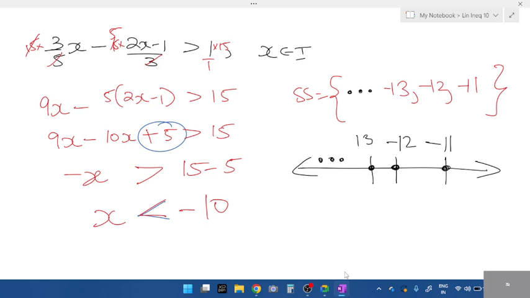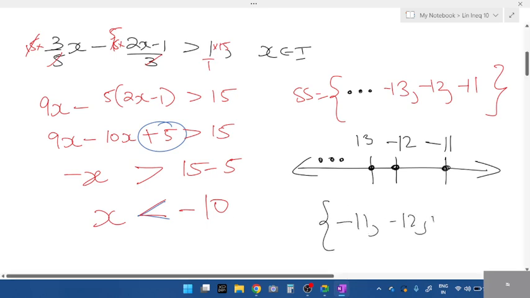See, some textbooks give the answer like this. Some will write the answer like this: minus 11, minus 12, minus 13. Both are correct, but I write according to the number line. Everything goes on to the left hand side. So both are correct.